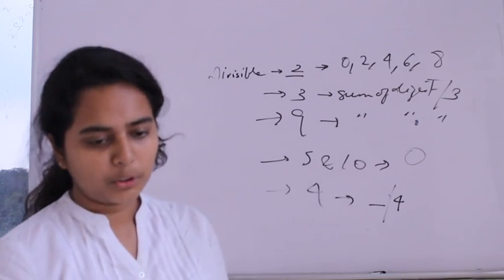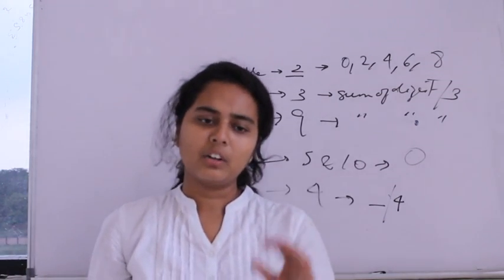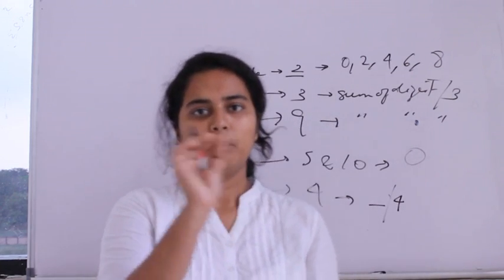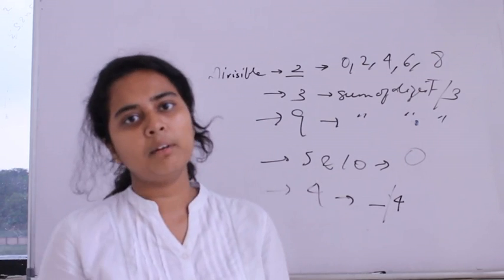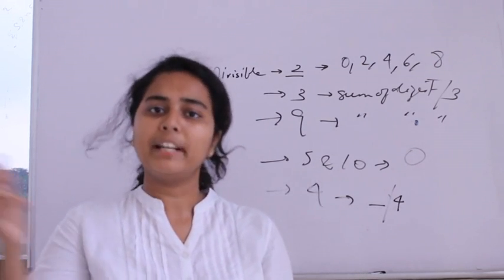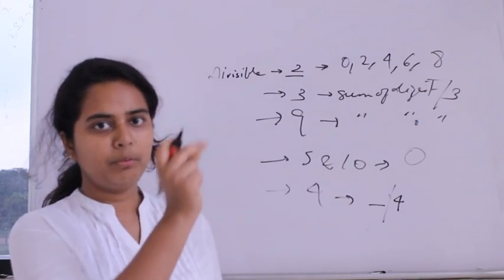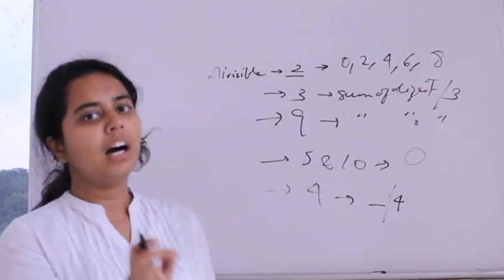Now I will give a question. Suppose they give a question like there are 4 numbers like 24, 36, 25 and 23. Now they ask which of these numbers is an even number as well as divisible by 2. Now you have to check which of those 4 options is an even number.